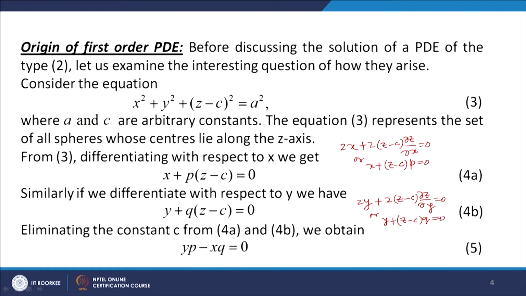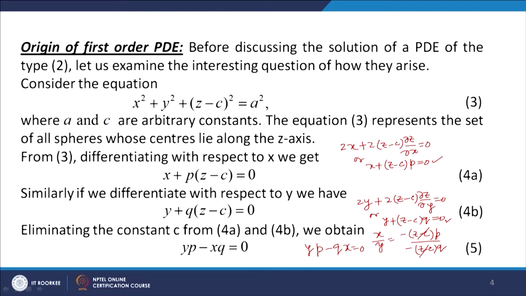Now, if we want to eliminate the constant c from the equations x + (z − c)p = 0 and y + (z − c)q = 0, then we can write x/y = (z − c)p / (z − c)q. So, we get qx = yp, or yp − qx = 0.